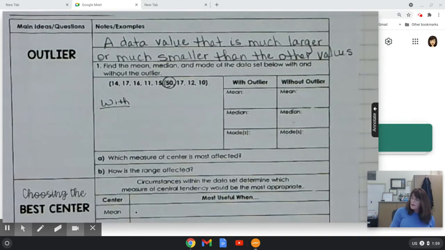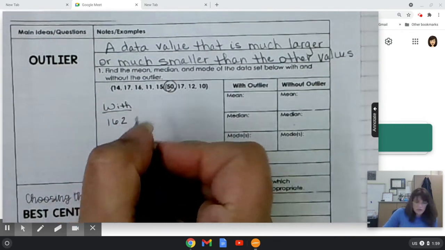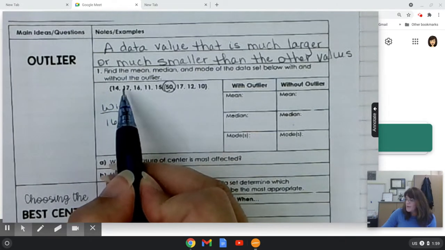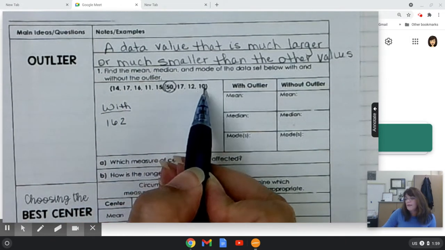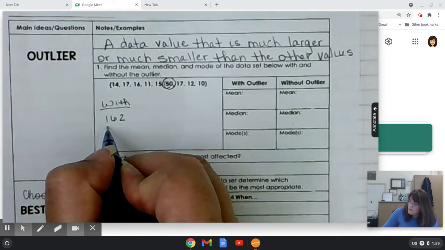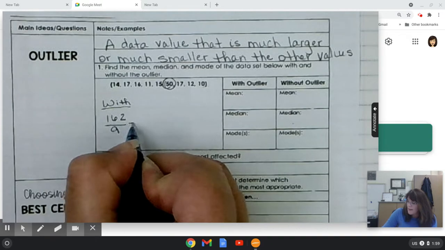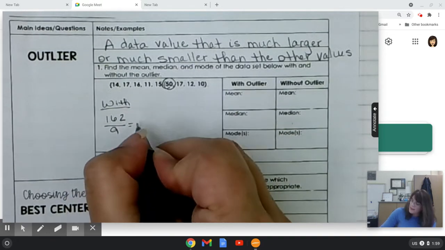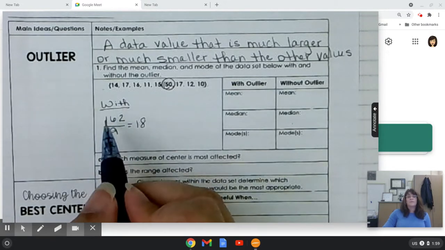Okay. And I get 162, and there's a total of 1, 2, 3, 4, 5, 6, 7, 8, 9 pieces of data. So I'm going to divide that by 9, and I get 18. So that's with the outlier in it.